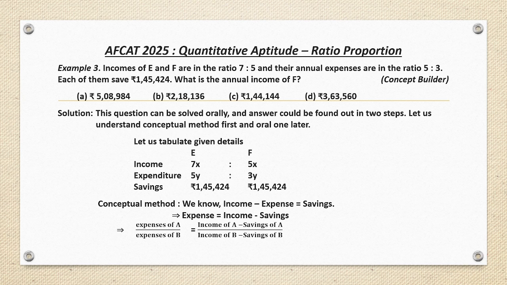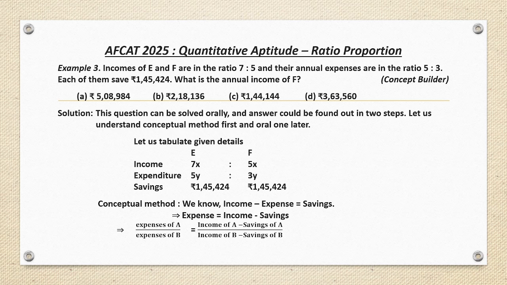Now, savings equal income minus expense. So in case of E, 7x minus 5y is equal to 1,45,424. And in case of F, 5x minus 3y is equal to 1,45,424.